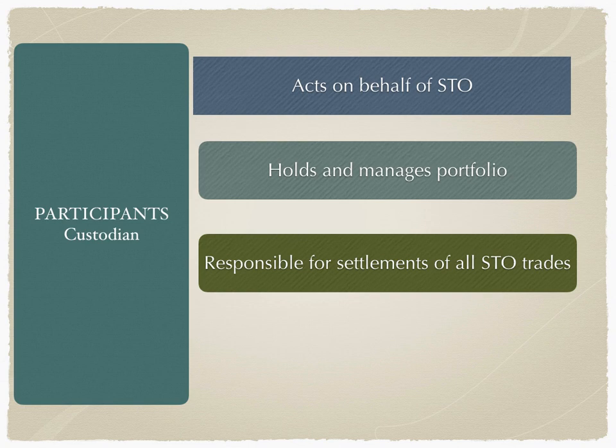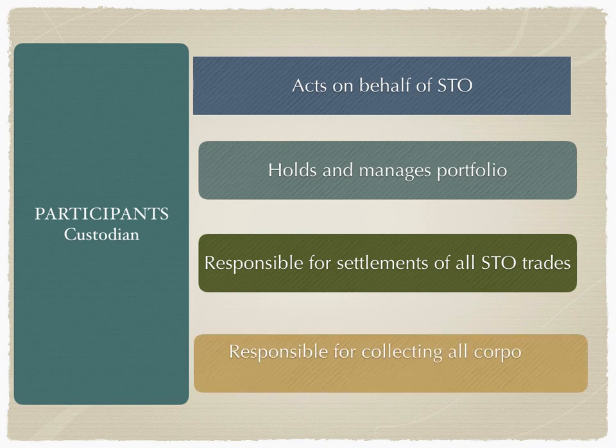So every time the STO buys securities, the custodian's responsibility is to ensure that they receive the securities. Every time the STO sells securities, the custodian must deliver those securities before the settlement deadline. It's responsible for collecting all corporate actions like bonuses, stock splits, dividends, etc.